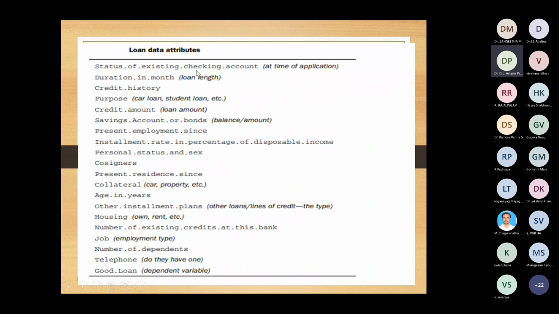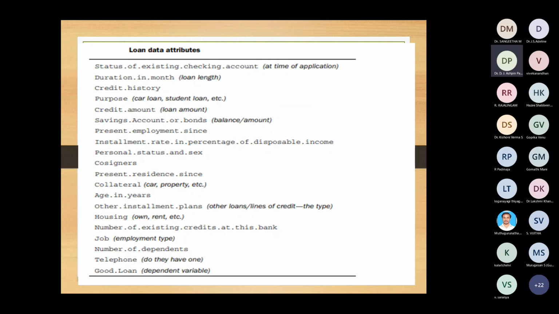You have all these attributes, like the status of the existing checking account at the time of application, duration in months, tenor, credit history, purpose, all these variables. You may think income alone is enough, because if anybody has a lower income, they will find it difficult to pay off the loan.